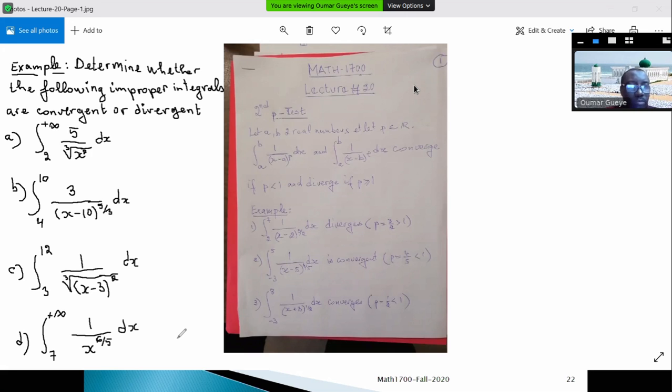I'm going to give you 30 seconds and you can tell me which of these integrals is convergent and which one is divergent.